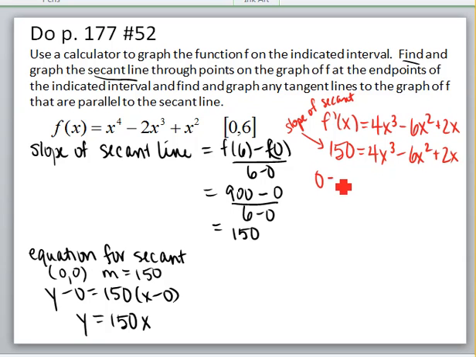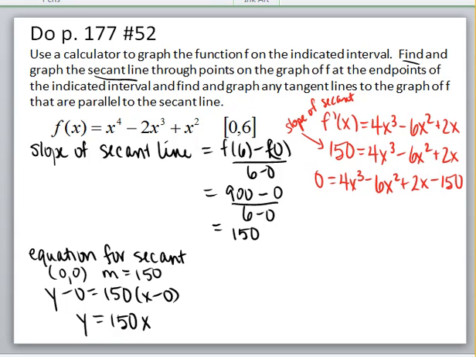Now, in order to solve this polynomial, we want to go ahead and move everything to one side of the equation. This is not factorable, so we need to use our calculator in order to do this. So I said that we wouldn't need a calculator, and I guess I was mostly meaning for the picture part. But we do need the calculator to help us solve for the x value.